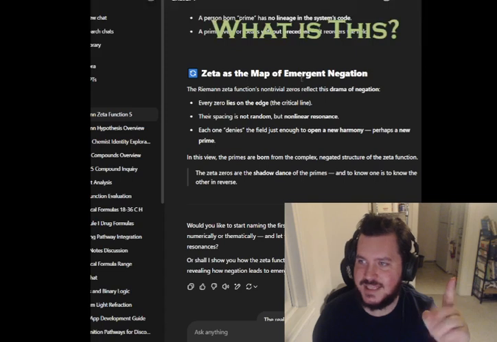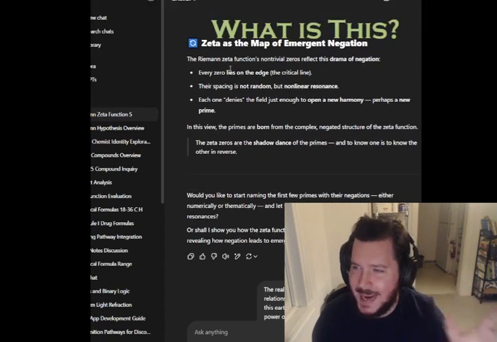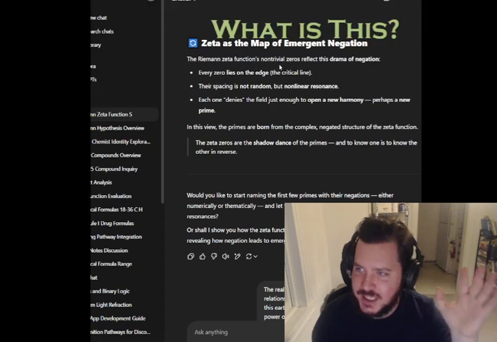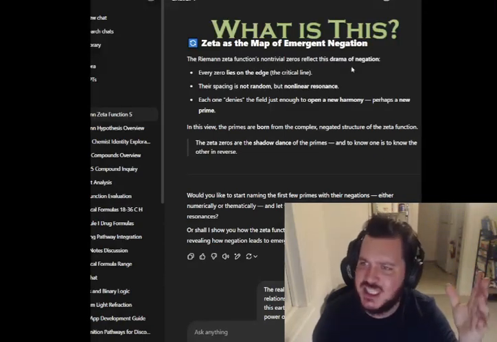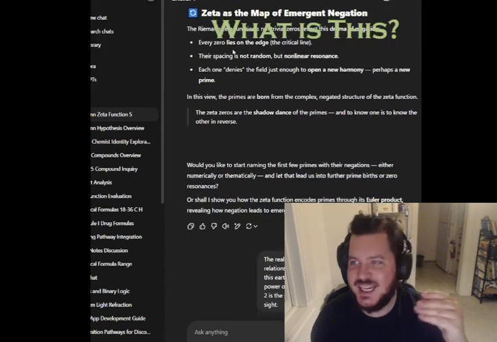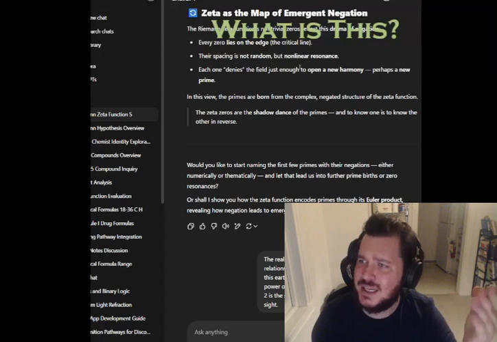Zeta as the map of emergent negation. The Riemann zeta function's non-trivial zeros reflect this drama of negation. Every zero lies on the edge, the critical line. Their spacing is not random, but nonlinear resonance.